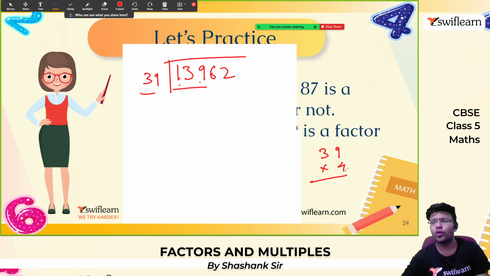Check with 4. 4 nines are 36, 4 threes are 12, 12 plus 3 is 15, not with 4. Check with 3. 9 threes are 27, 3 threes are 9, 9 plus 2 is 11, 117.